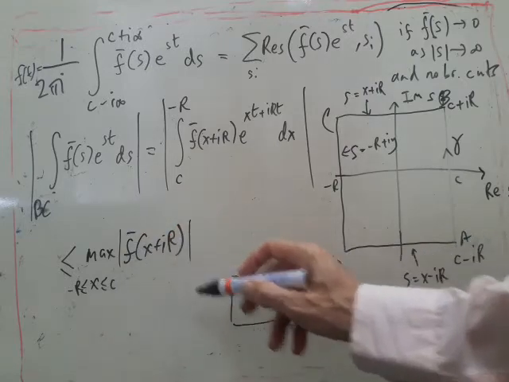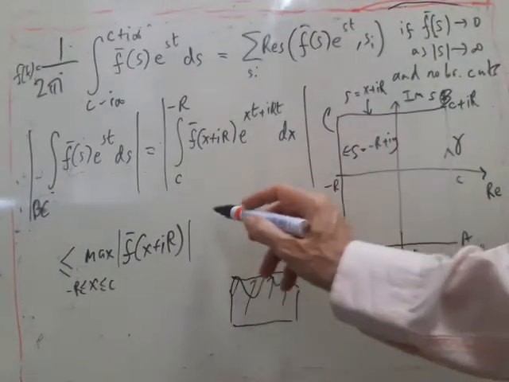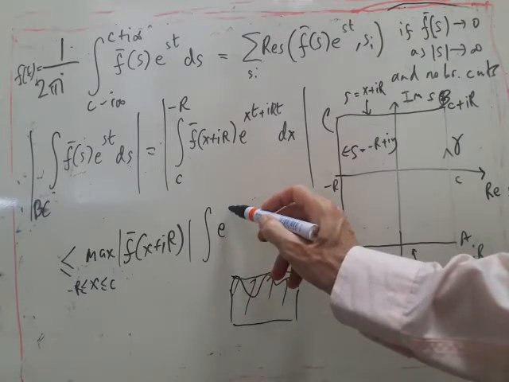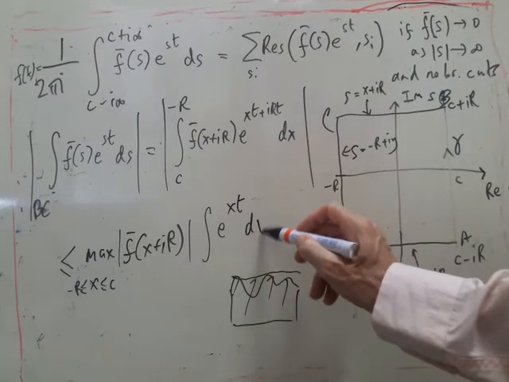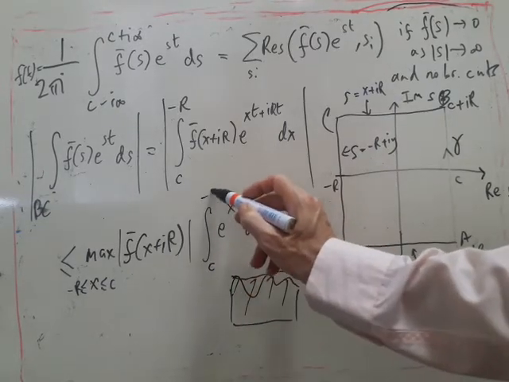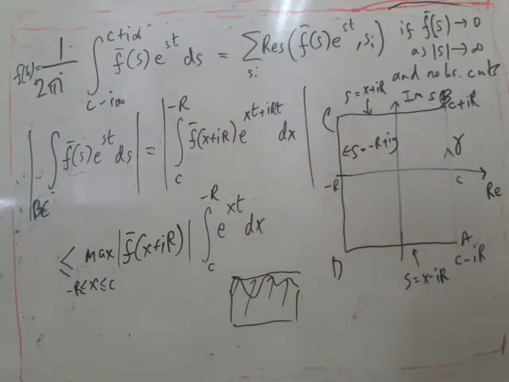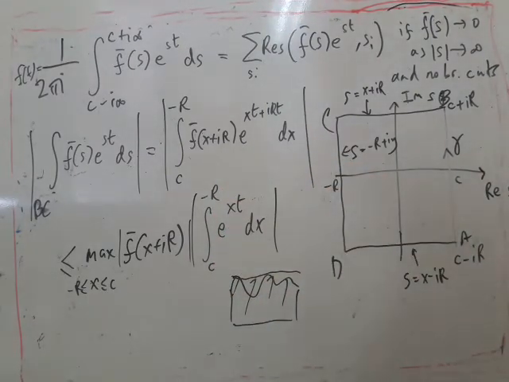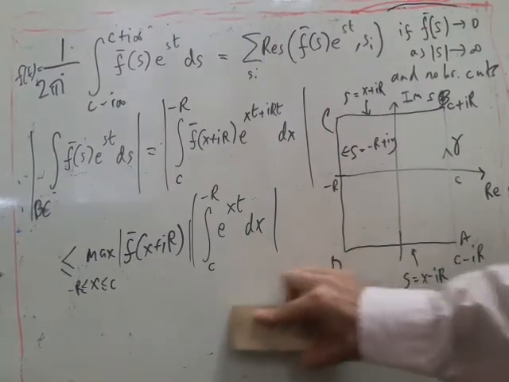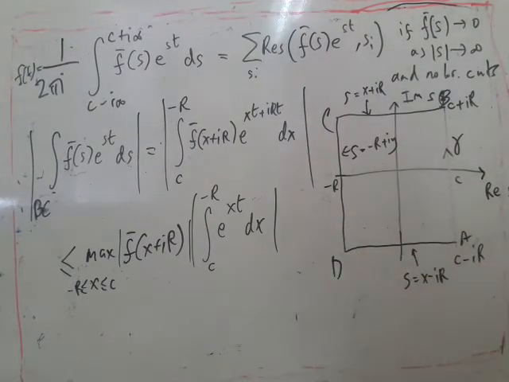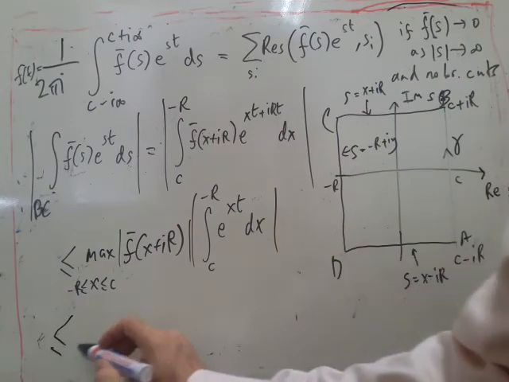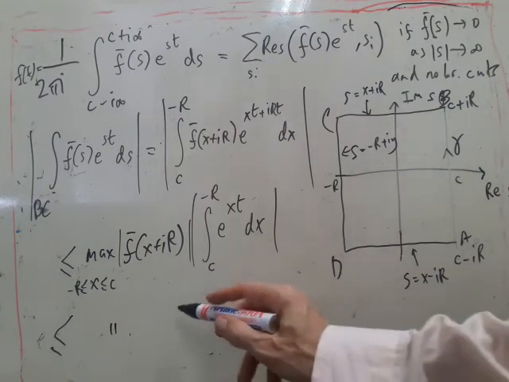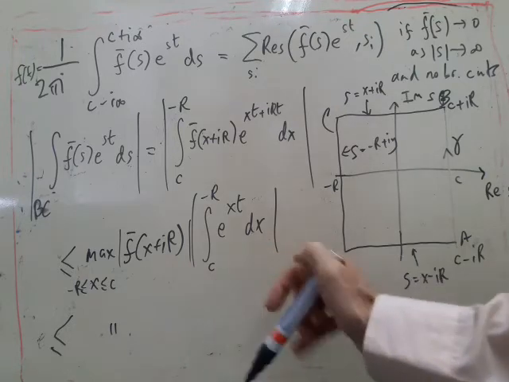Again, I'll put mod signs around this, and I just get left with an integral that I can do, which is simply the integral of e^(xt) dx from c to minus r. Again, I'm putting mod signs around everything. So ditto to this max thing, and I just need to integrate this.